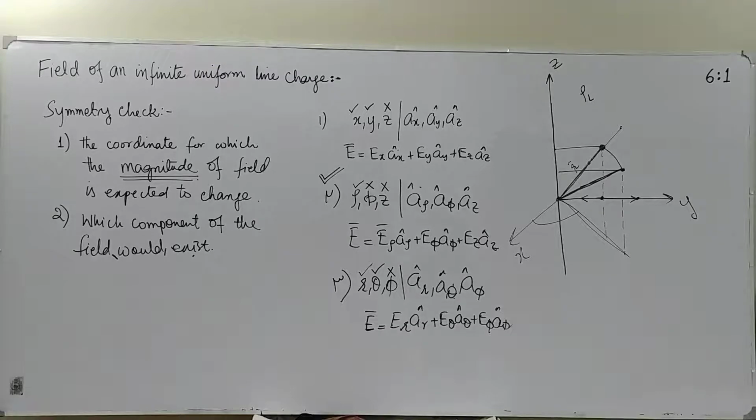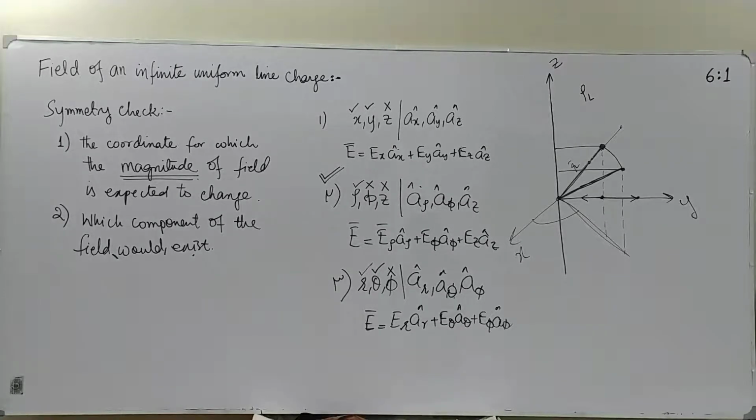Because we have seen in a couple of examples that using a correct coordinate system leads to an expression which is very simple and intuitive, meaning that the physical nature of the field can be sensed, if not accurately decided, through a simple expression using an appropriate coordinate system.